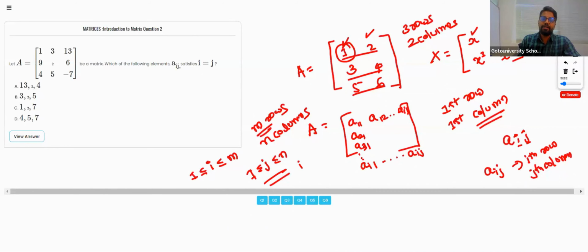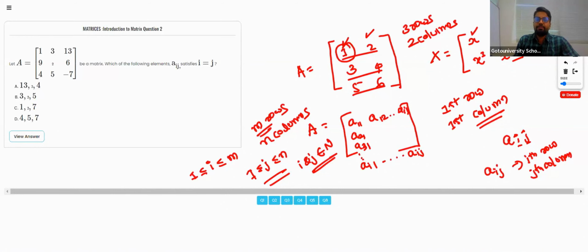Very important: i and j are nothing but natural numbers. Specifically, they are natural numbers. They are not negative because it's the order, the position, and position cannot be negative. Also, they are not going to be decimals. They are whole numbers, not just whole numbers, they are natural numbers. Even 0 is not allowed, right?